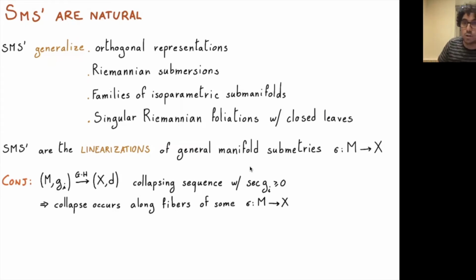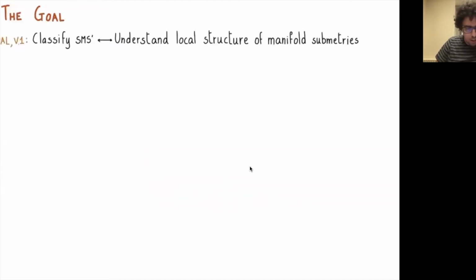The orbits are not infranil manifolds in general, so you're not going to get a common upper bound of curvature. Did I answer your question? Yes. Good.